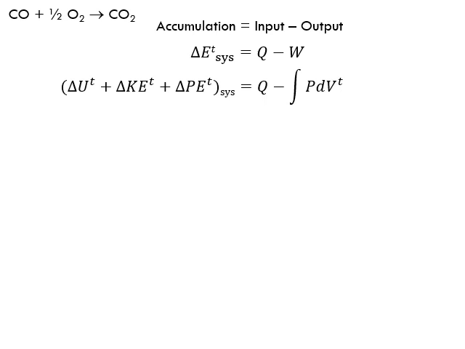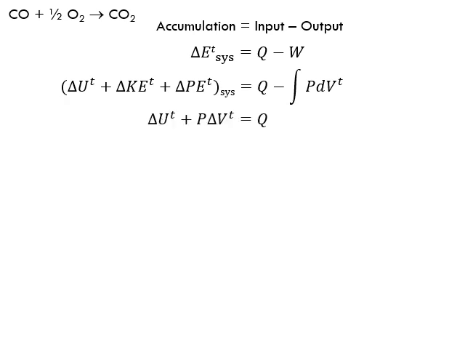Of course, input minus output, and it's a closed system, so through heat and work. Through heat is Q, minus work, which is considered boundary work, the work that the piston does on the system in order to shrink it, and that equals the integration of P dV.